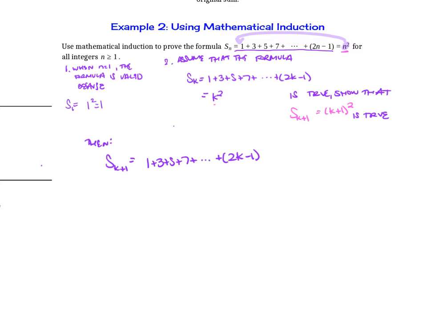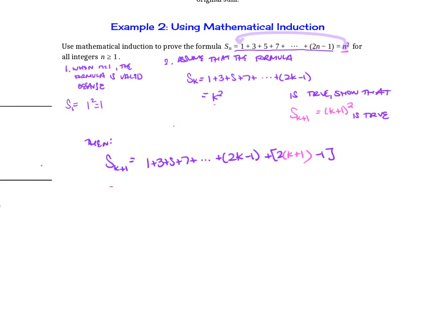Now remember what we did earlier when plugging in k plus 1. We plug in k plus 1 where we see the k. So it's plus 2 times k plus 1, and then minus 1.